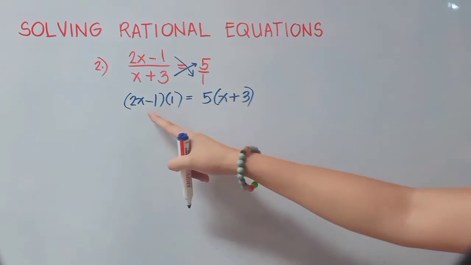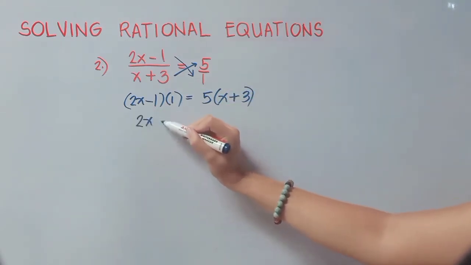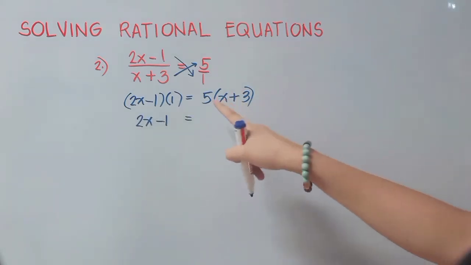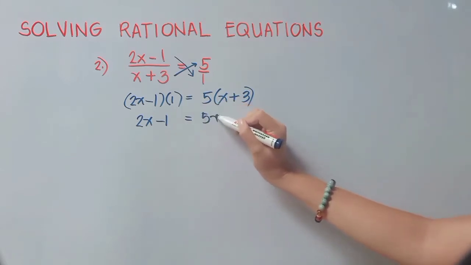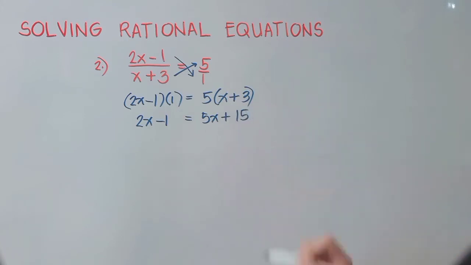Now, 2x minus 1 multiplied to 1 is just itself. So we will just have to copy is equal to 5 times x is 5x plus 5 times 3 is equal to 15.